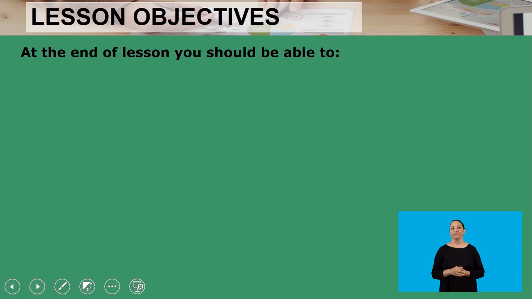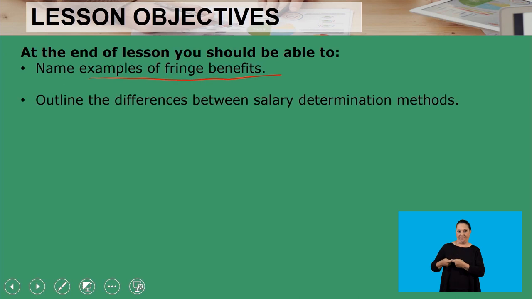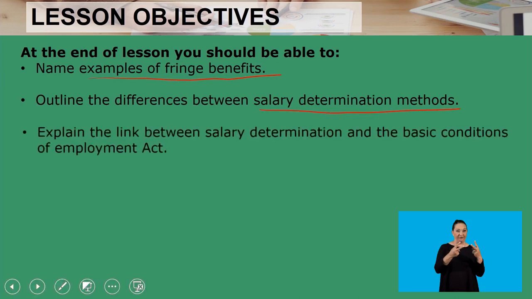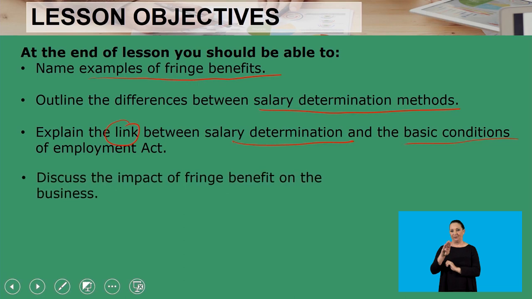Right, as you know, we have lesson objectives. At the end of the lesson, you should be able to name examples of the fringe benefits, outline the differences between salary determination methods, explain the link between salary determination and the Basic Conditions of Employment Act, also known as the BCEA.